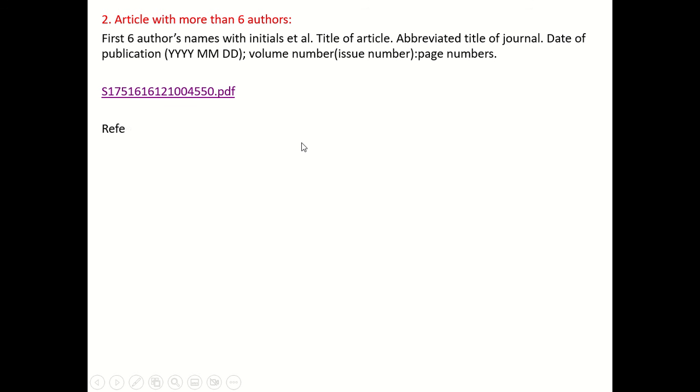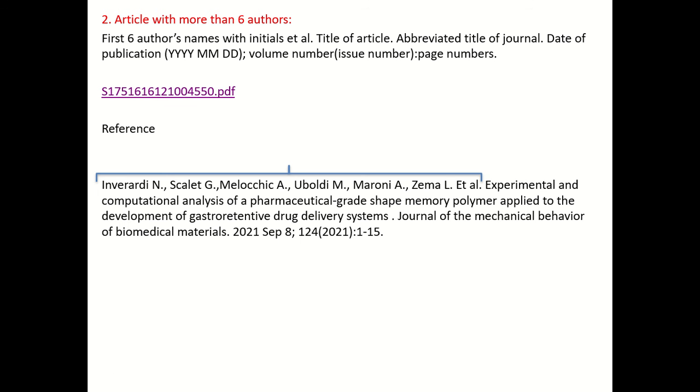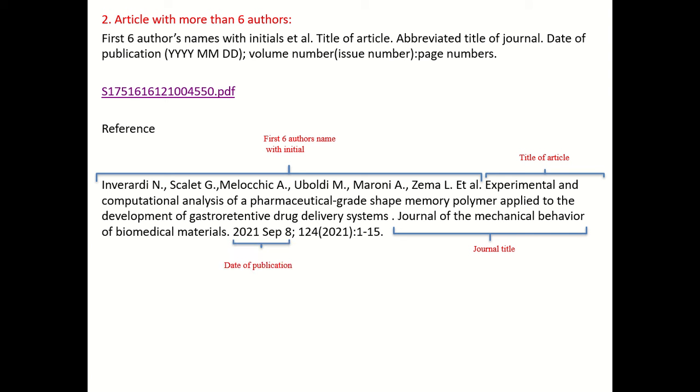So first you are going to write the names of the first 6 authors. Then et al, the remaining ones with the initials, then the title of the article, then comes the journal title, then comes the date of publication, volume, issue and page numbers.